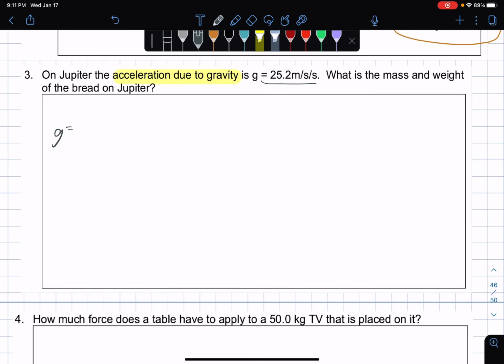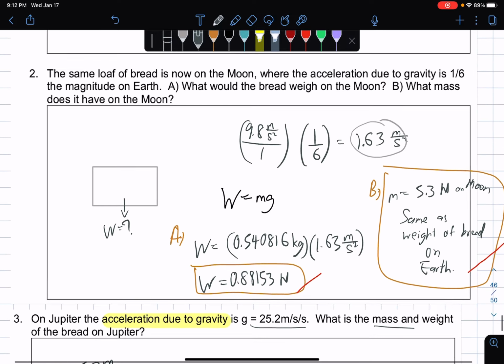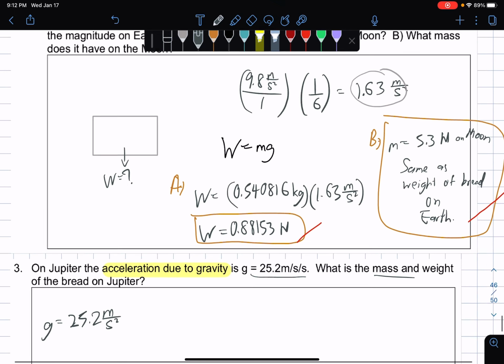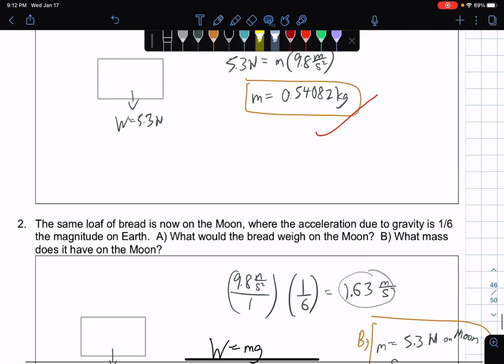The gravitational acceleration of Jupiter is said to be 25.2 meters per second squared. And we're asked to look for the mass and the weight of the bread on Jupiter. I think we're talking about the same bread, so the mass on Jupiter is still going to be the same thing.